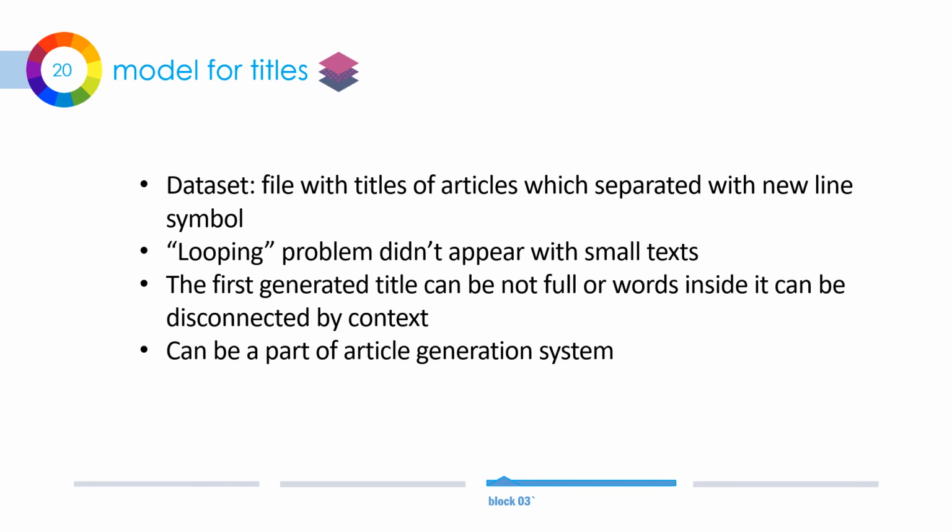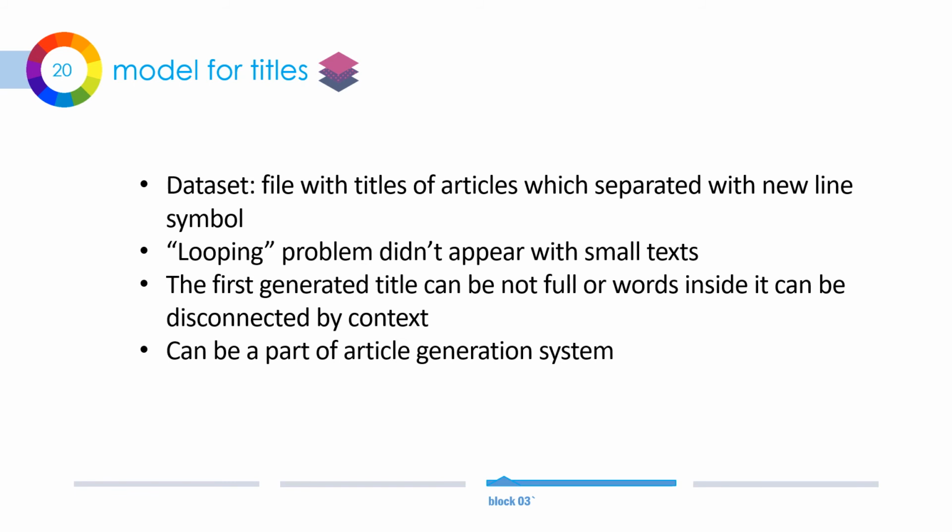For the titles, we trained a model also. The dataset was a plain text file with titles of articles from the previous dataset that are separated with a new line symbol. So the new line symbol is also the service token that we use in our model for the definition of the borders of different parts of text.